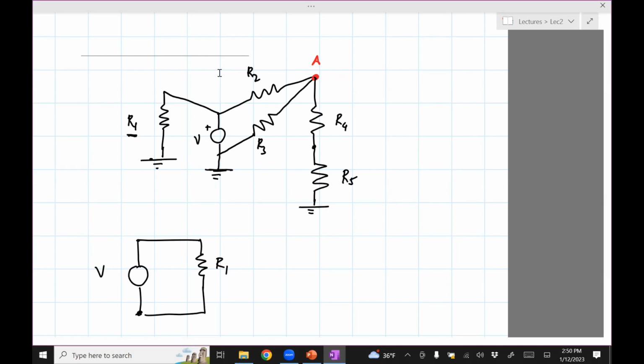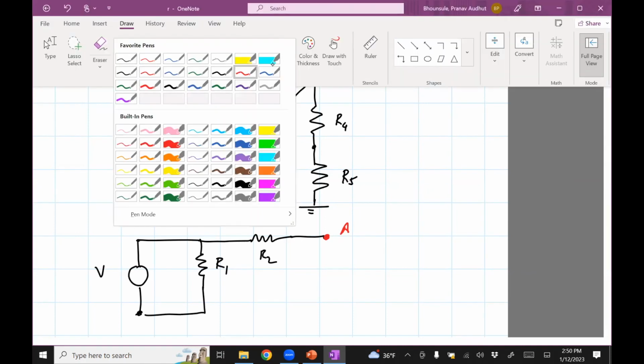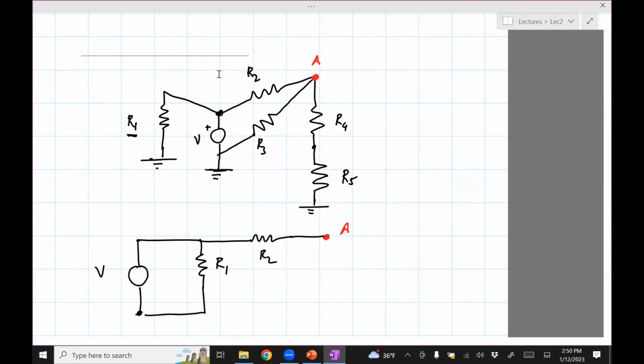Let's move on to R2. We can see it's splitting here. That means that it's in parallel with R1. So R2 is like this. Let's draw node A. Now from A, we have to go through R3 and then to the ground. As I said, anything connected to this wire is the ground.